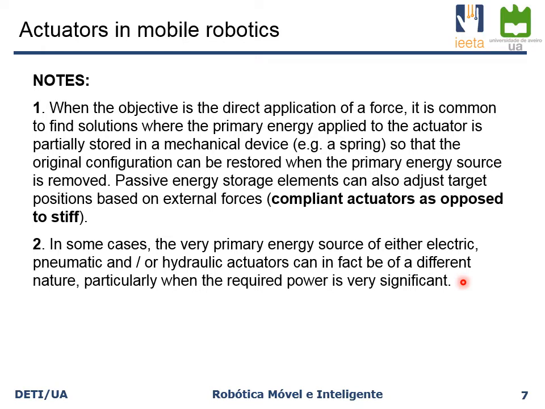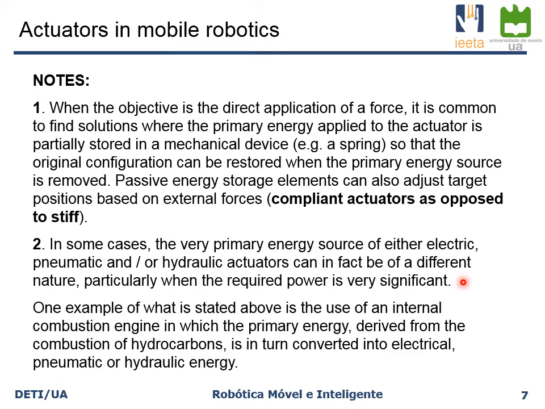So the very primary energy source is the fuel itself, which is then used, through some pumps, to generate hydraulic forces. One example of what is stated above is the use of an internal combustion engine, as I just said, to derive from the combustion of hydrocarbons and turn it into electrical, pneumatic, or hydraulic energy.